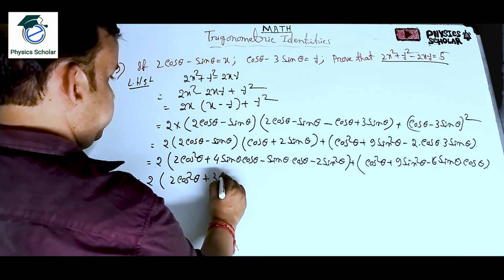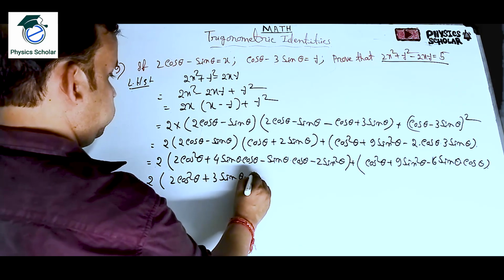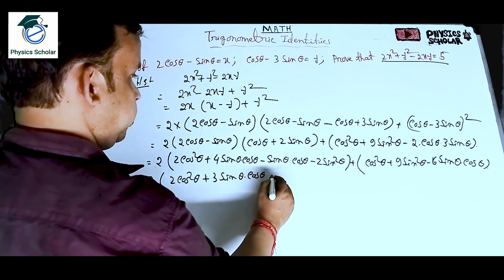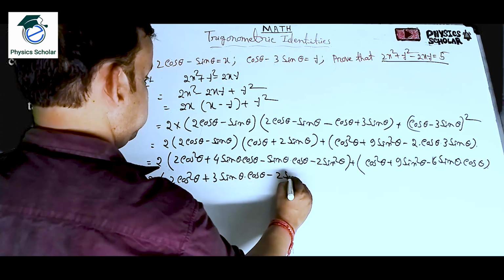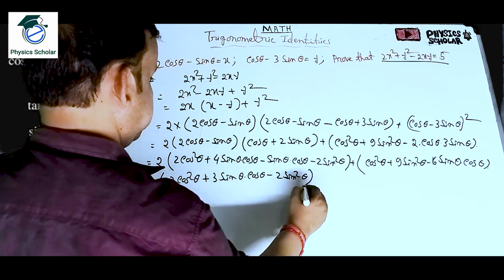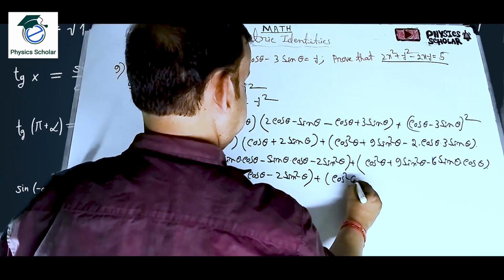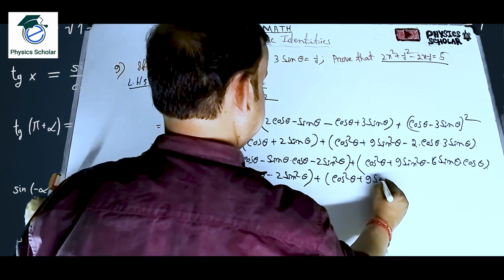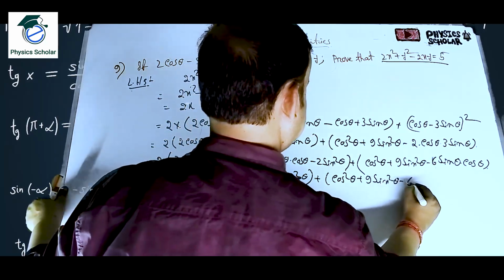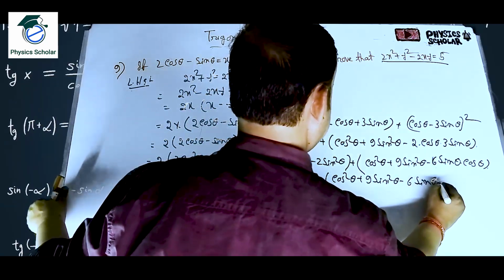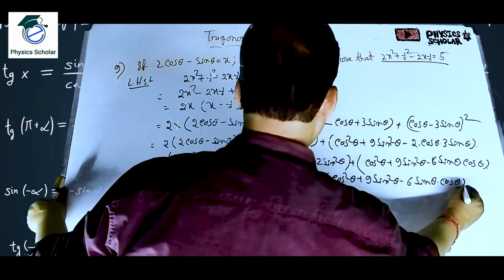Plus 3 sin theta into cos theta, okay, minus 2 sin square theta, clear, plus cos square theta plus 9 sin square theta minus 6 sin theta into cos theta.